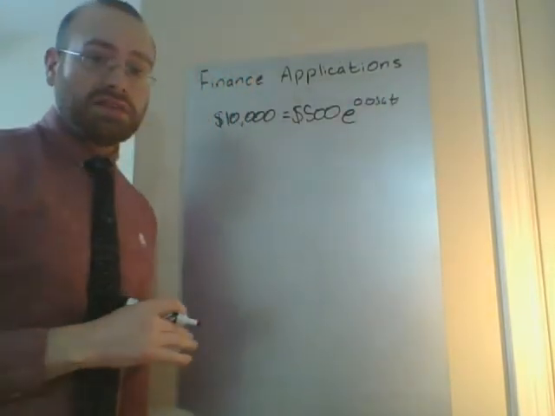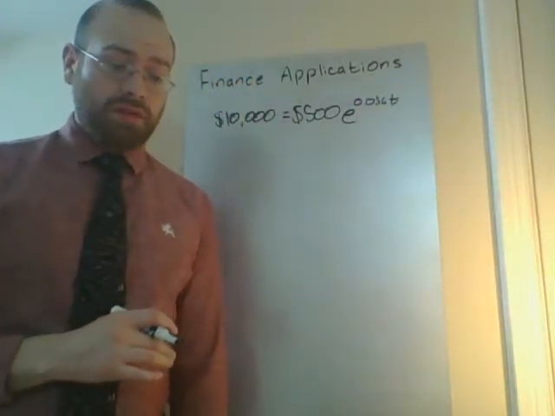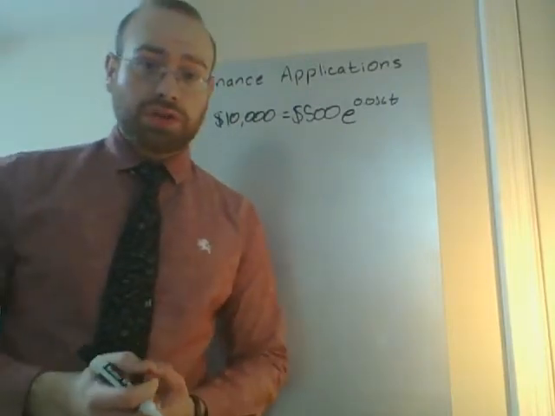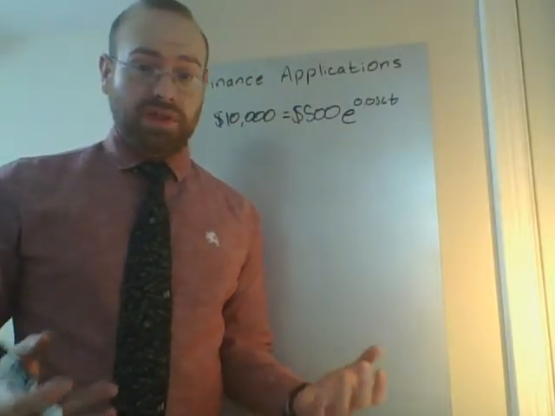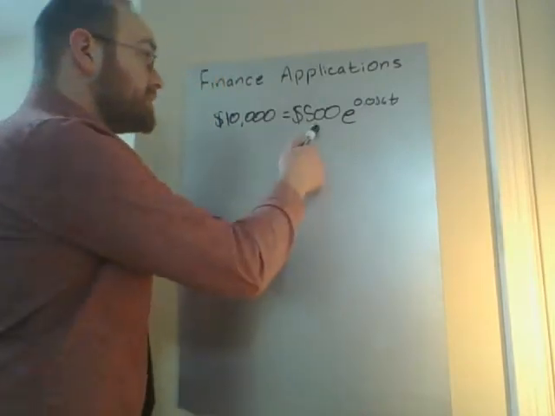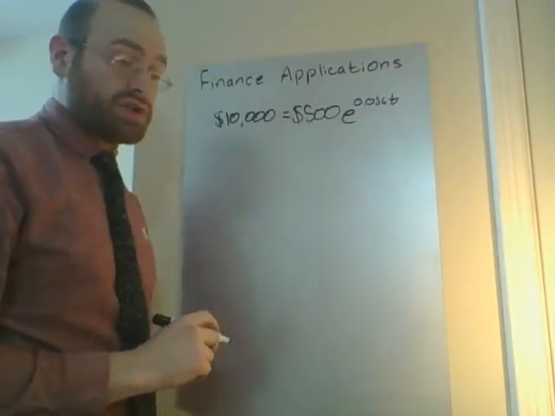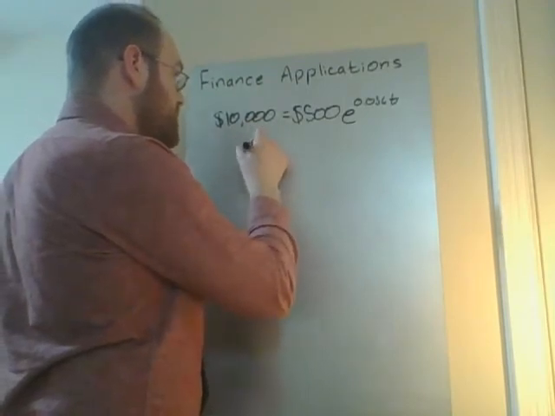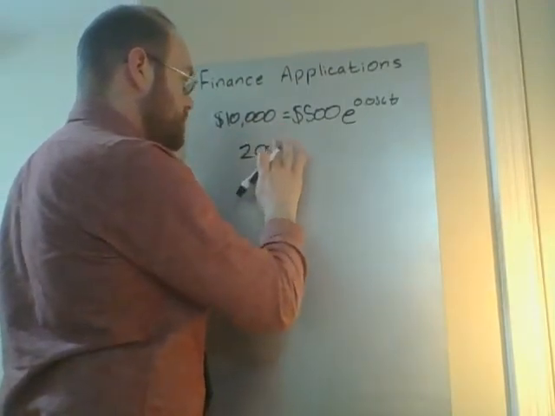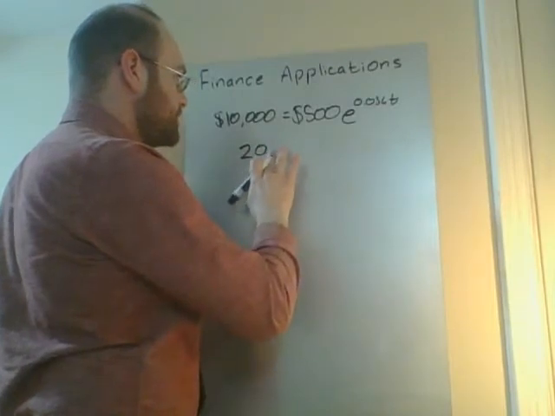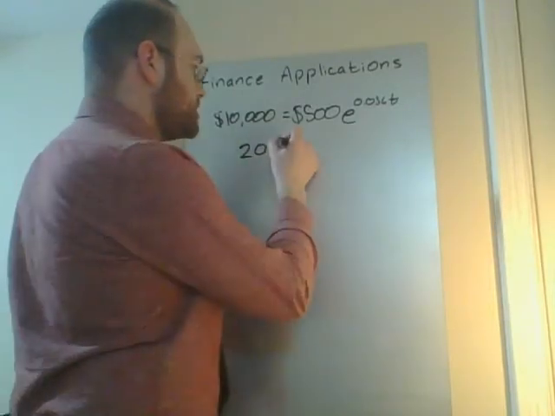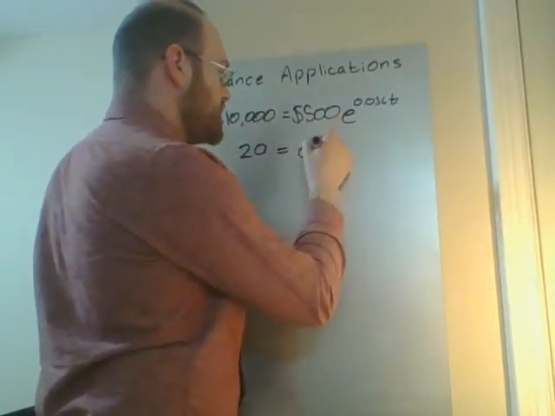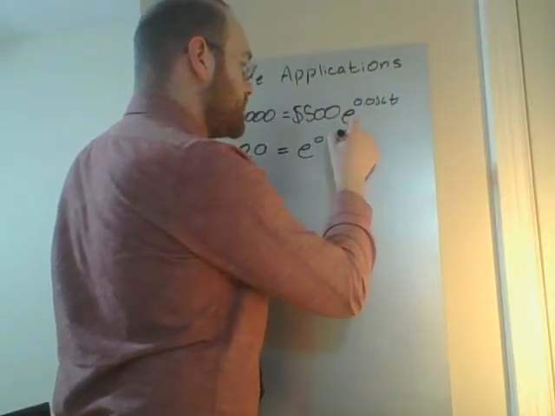And we want to find the value for t. Now we've solved similar exponential equations, so all we have to do is follow the steps through. Let's begin by dividing both sides by 500. 10,000 divided by 500 is not 200, but 20. And then we have e to the 0.056t.